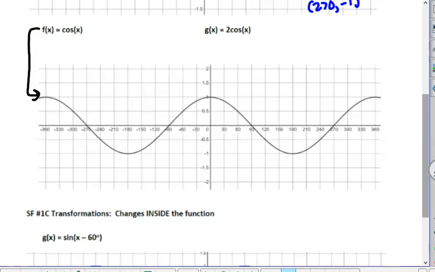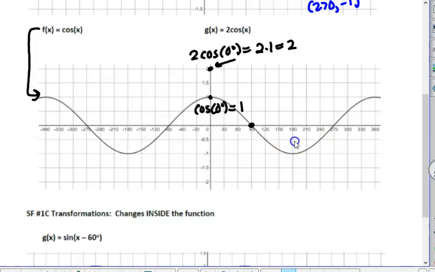If we have a point where cosine of 0 equals 1, what would 2 times cosine of 0 be? Well, 2 cosine of 0 is going to be 2 times 1, which is 2. So it's going to be right here. If cosine of 90 is 0, 2 times cosine of 90 is going to be 2 times 0, so it's going to stay 0.